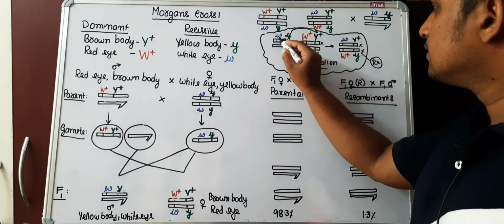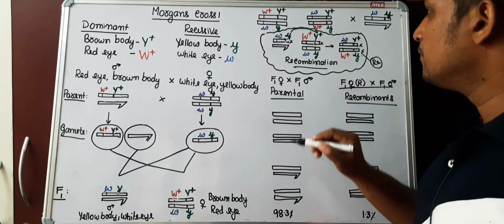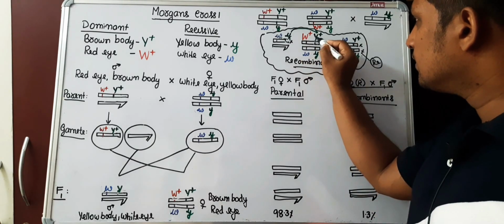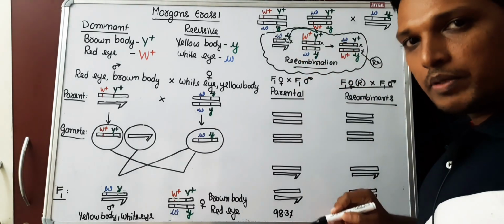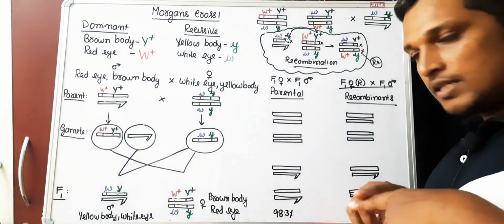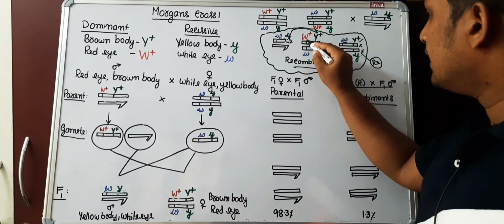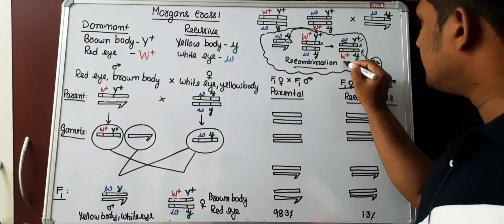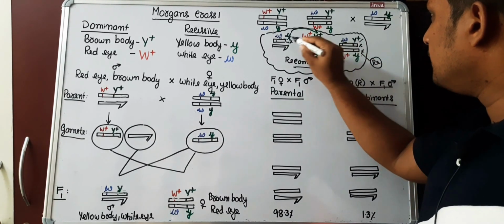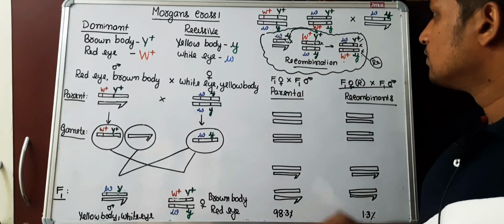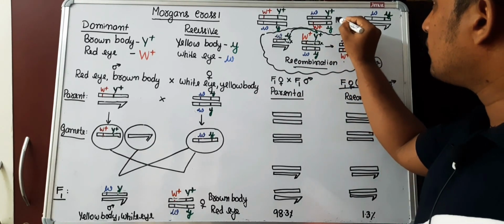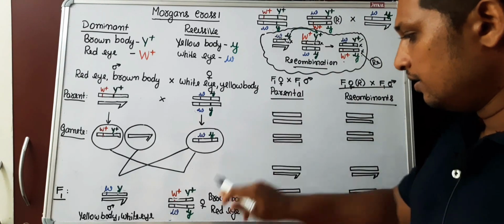So I have written small w, small w. Now in place of small y, capital Y plus has come because of recombination. Next, the X chromosome of the female contains W plus, and in place of Y plus, small y has come. So I have written the same recombinant here. So this is a recombinant.